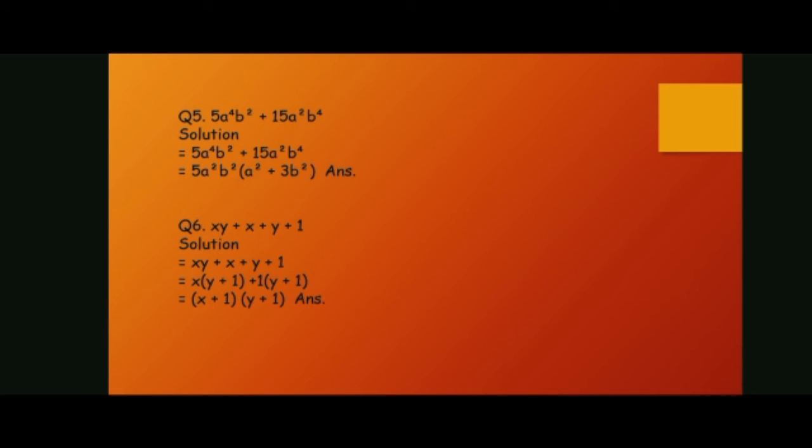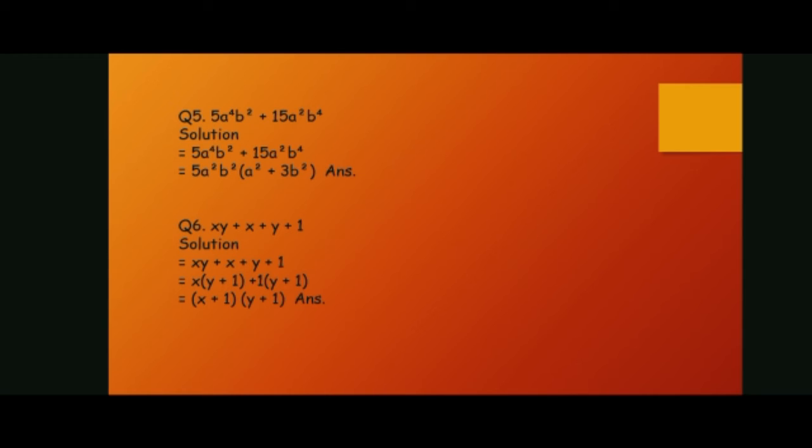Now question number 5, which is 5a to the power 4 b square plus 15a square b to the power 4. We have taken 5a square b square as common. The remaining terms: there are 4 a's, 2 a's are outside of the bracket, so 2 a's must be in this bracket.